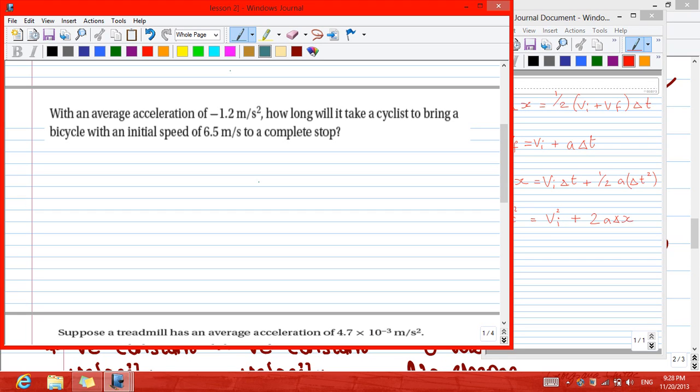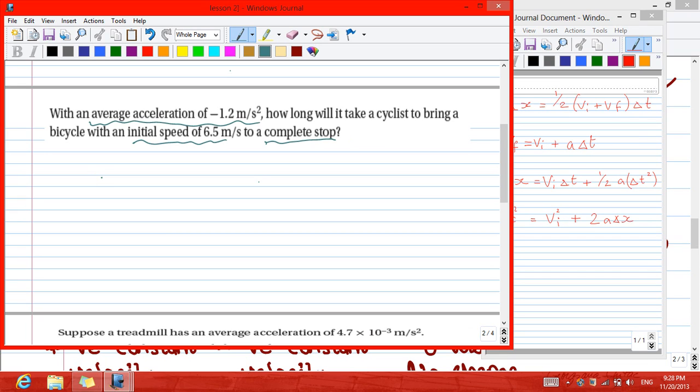Now this part is really easy. So we have the average acceleration given, which is negative 1.2 meter per second squared. And we have the initial speed and the final speed. And when they say a complete stop, they mean it's zero.